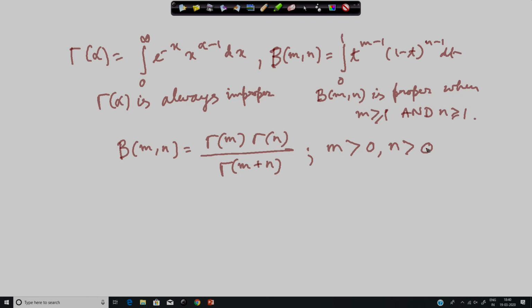So, if there is no more question, let me go to the next problem. Also, you remember this formula, gamma alpha, with alpha greater than 0.